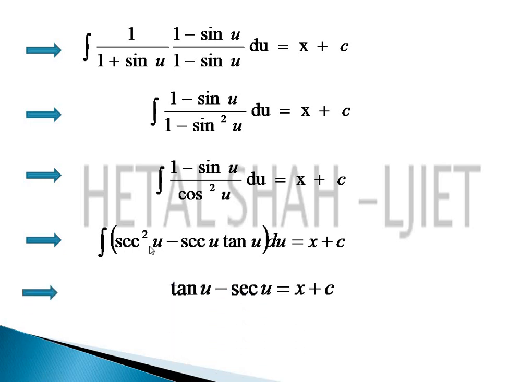So the integration of sec square u is tan u, and the integration of sec u tan u is again sec u, is equal to x plus c. But we assumed this u, and in the given equation we have two variables x and y. So put the assumed value, u is nothing but x plus y. So tan(x plus y) minus sec(x plus y) is equal to x plus c.